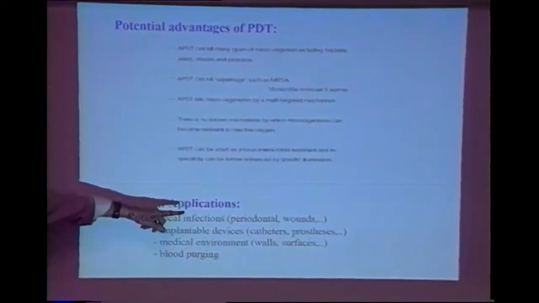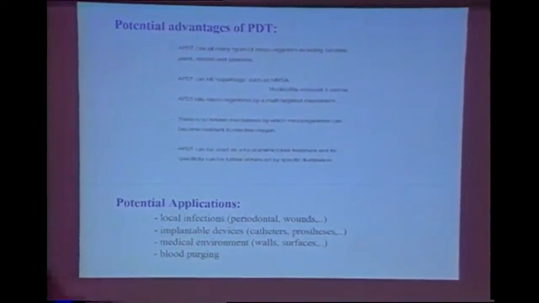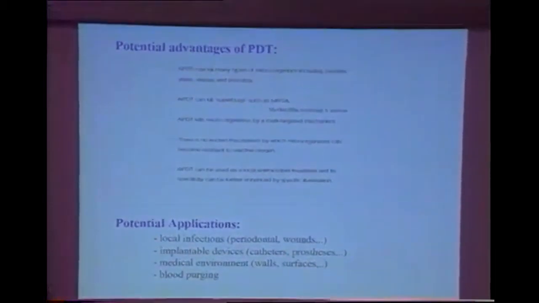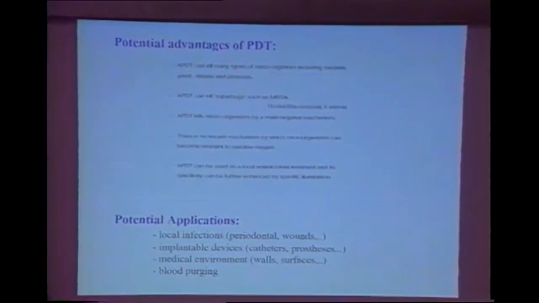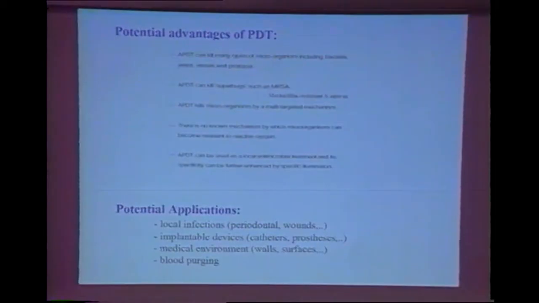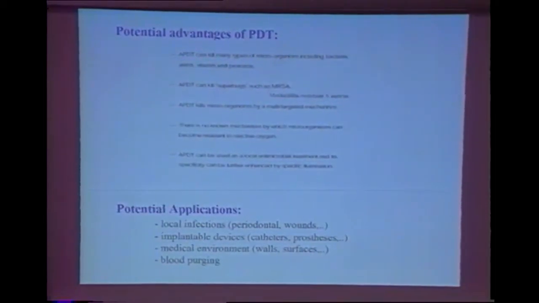Localized infections, for instance, periodontal or wounds. Implantable devices, for example, catheters that go into the body are a major source of infection. So people are making catheters, or have the idea to make catheters, that incorporate a photosensitizer and have a light source come into them so that it continuously self-sterilizes.